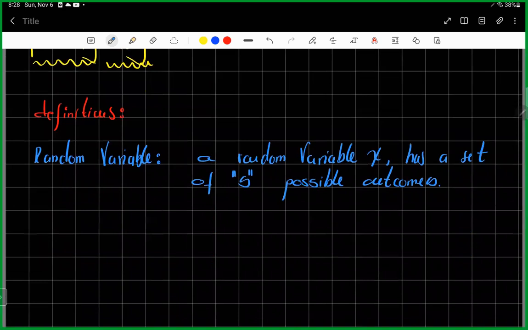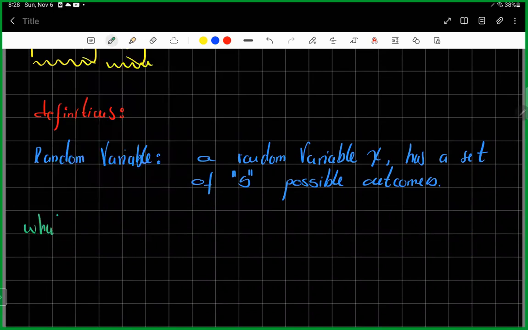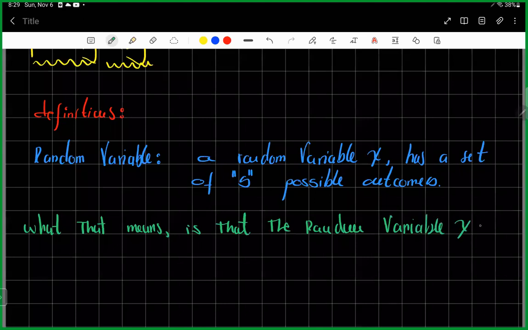So what that means is that the random variable x is defined through an experiment whose result is unpredictable.